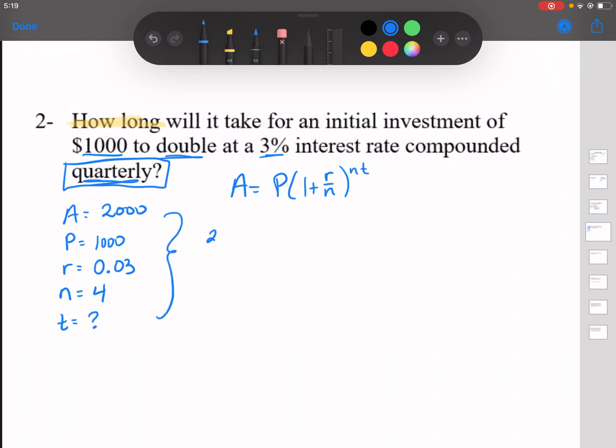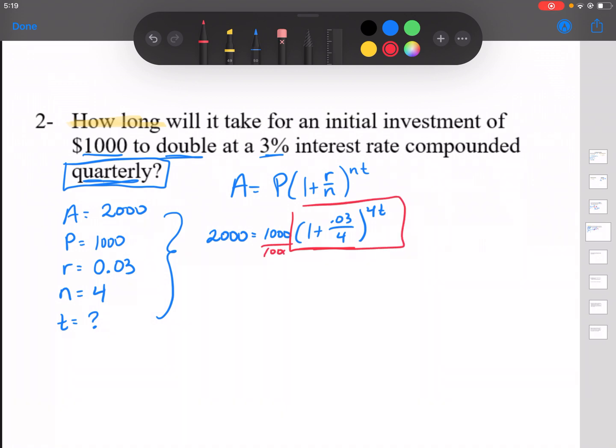So let's plug this all in. So we get 2,000 equals 1,000 times 1 plus 0.03 over 4 raised to the 4t. Let's go ahead and clean this up a bit. So first thing, this base with the exponent needs to be isolated. So all this needs to be isolated.